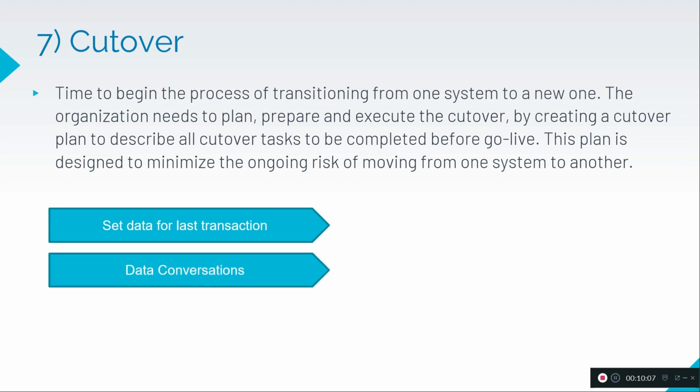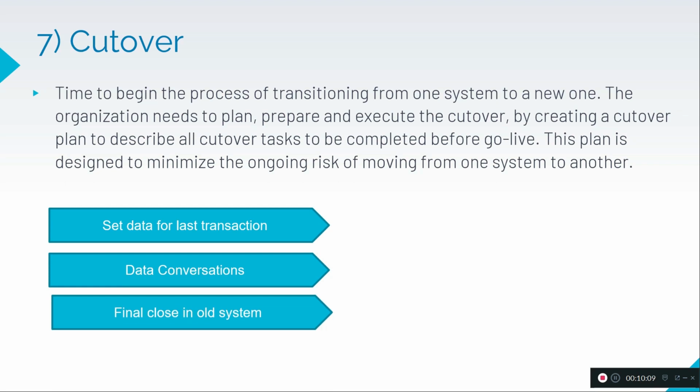Data conversations. Final closing of the old system. We need to set a last date, last minute and last second for the last transaction, and stop the existing system. We need to convert the data from the old system to the new system and make sure the entire data conversion is successful.